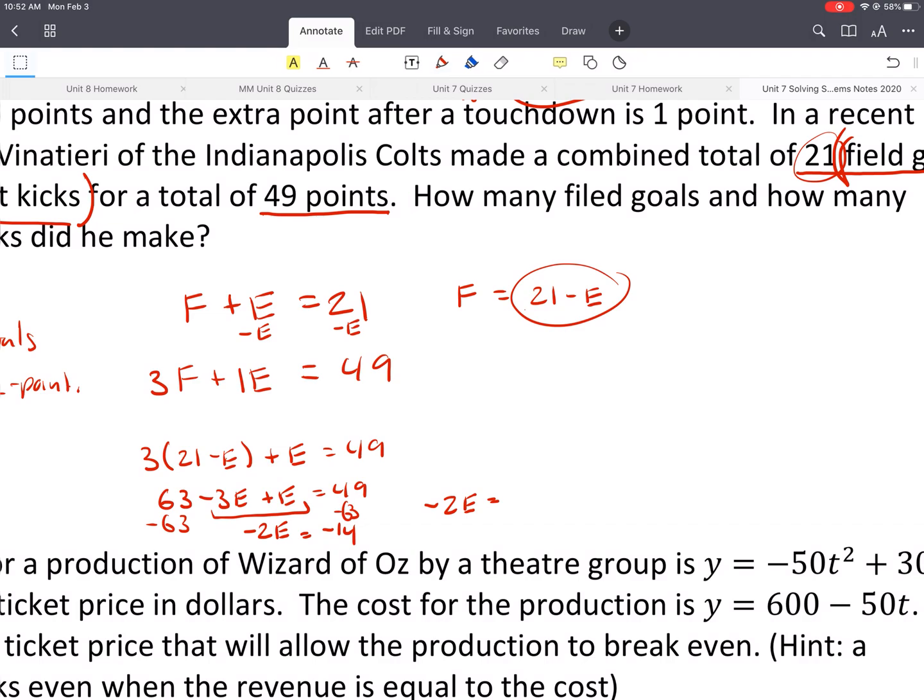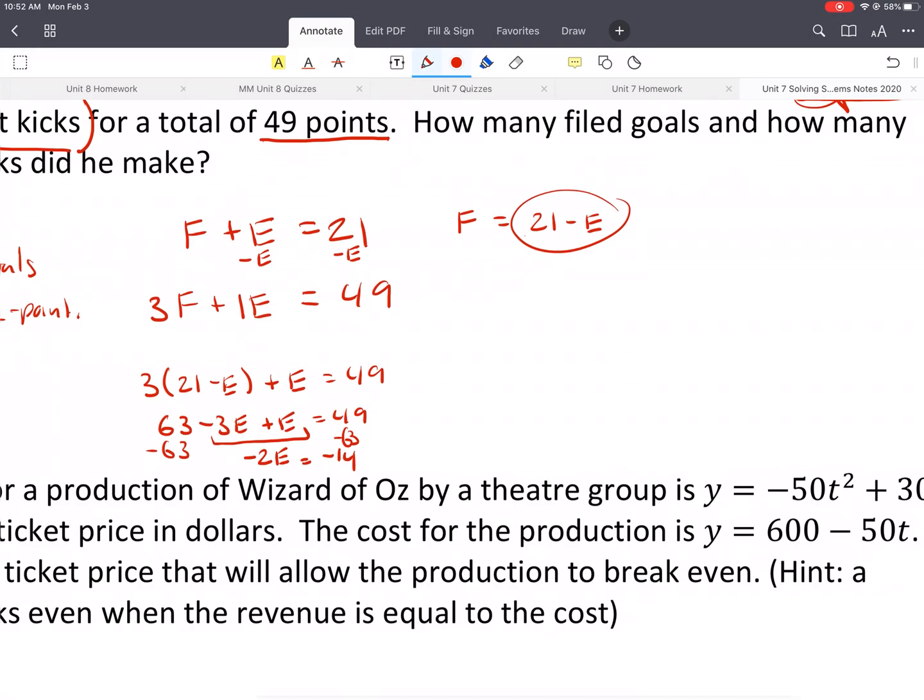Sorry if I'm running out of space. Okay, so now we have our equation, and then we'll just divide both sides by negative 2. We'll get E is equal to 7. Then we'll plug that in for our equation to find F. So 21 minus 7 is 14.